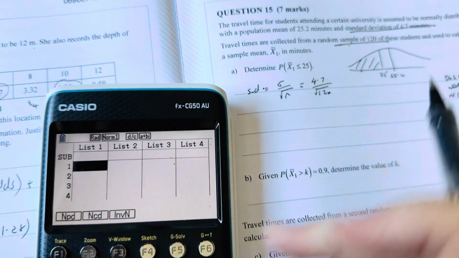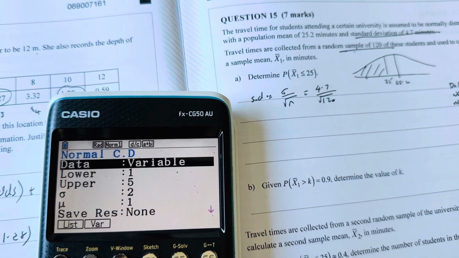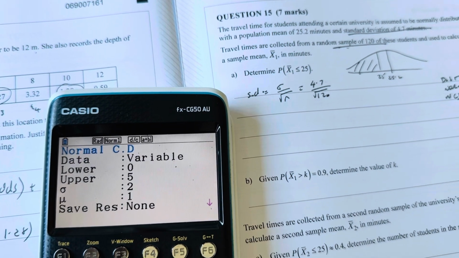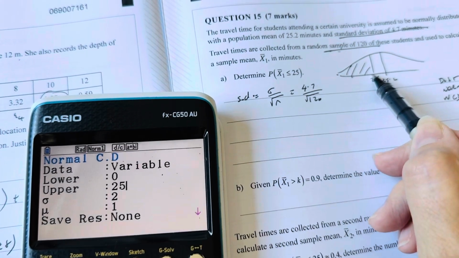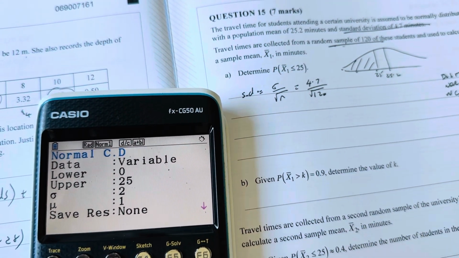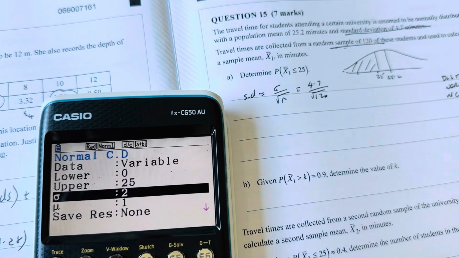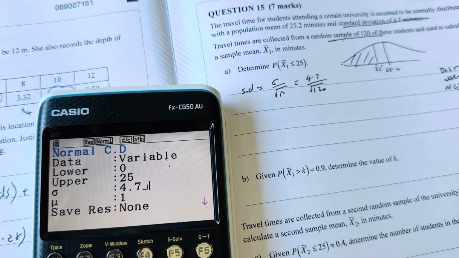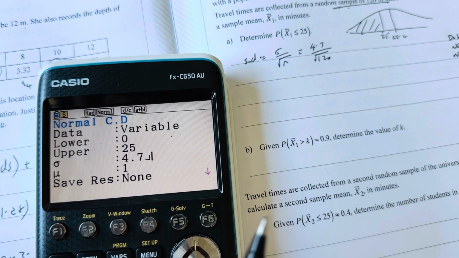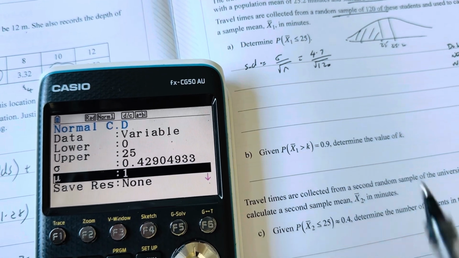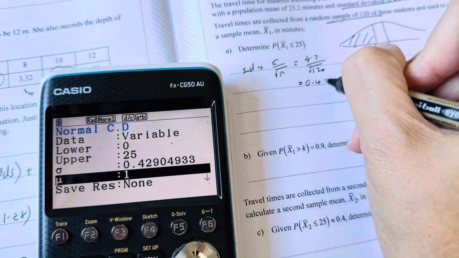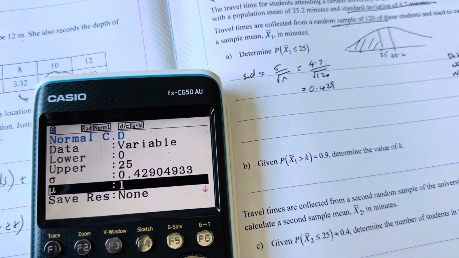We want everything below. Now our lower limit will be 0 and our upper limit is 25. Our standard deviation is 4.7 over the square root of 120. The calculator works it out for you, if you wanted to write it there, 0.429.